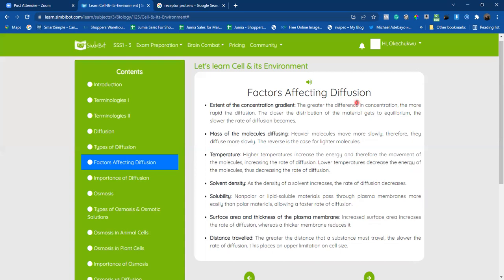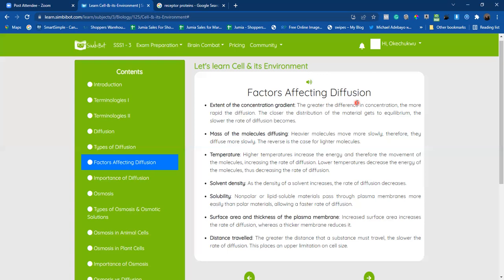Now, what this simply means is this. Just bear in mind that diffusion is the movement of molecules or particles from a region of higher concentration. As long as there is a region where the concentration is high, there will always be a high chance of diffusion.